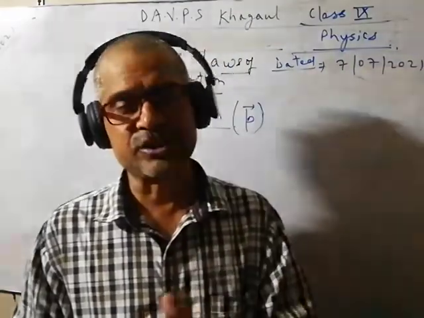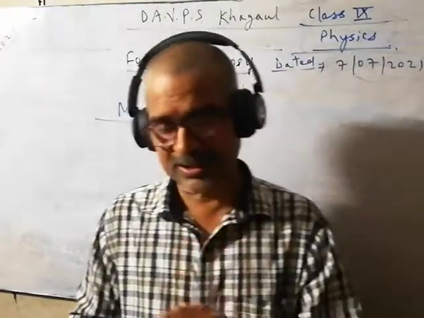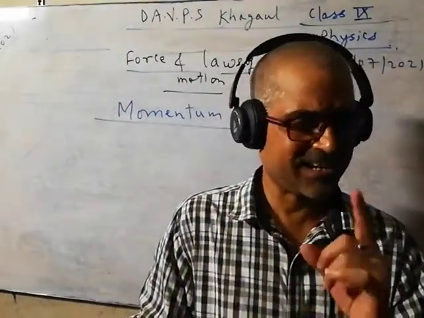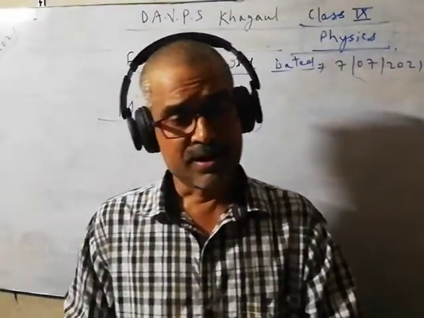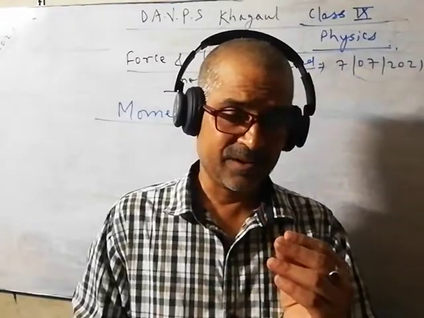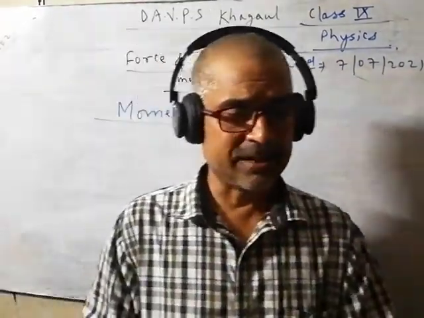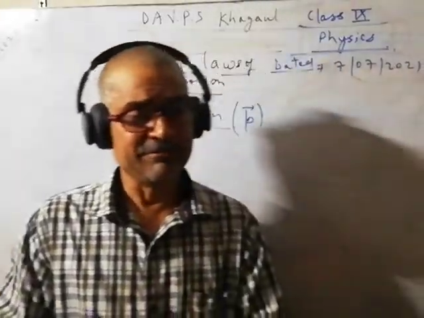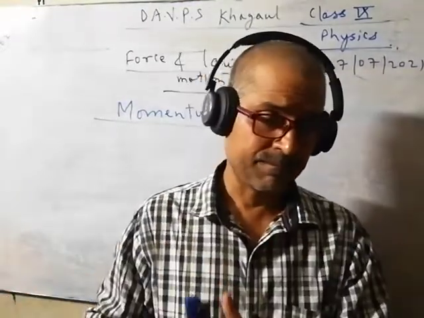It is a vector quantity and its direction is in the direction of velocity of the body. Its SI unit is kilogram meter per second. And we can go through initial momentum, which is associated with the initial velocity of the body, and final momentum, which is associated with the final velocity of the body.